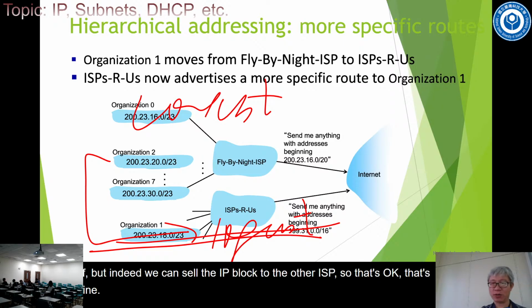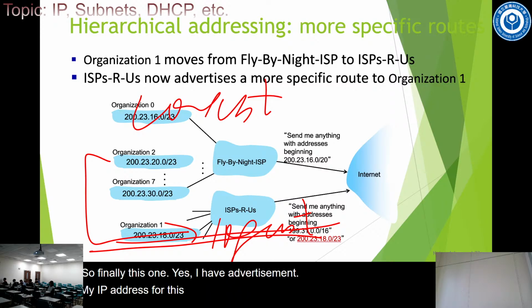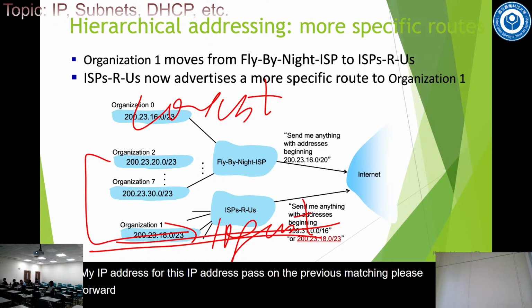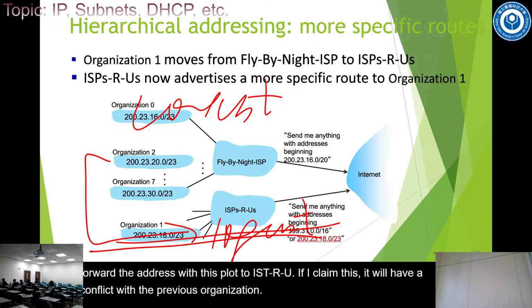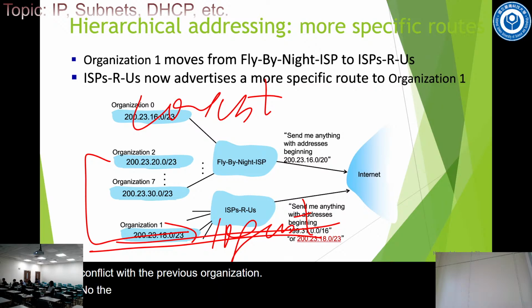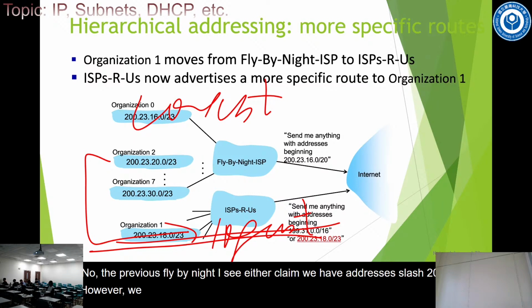Finally, yes, I have the advertisement: for this IP address based on prefix matching, please forward the addresses in this block to ISP-R-Us. If I claim this, will it conflict with the previous organization? No. The previous Fly By Night ISP claims addresses /20, but we have the exceptional one claimed by the later one.